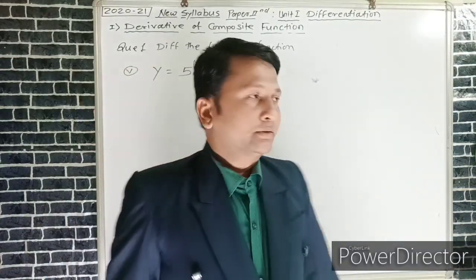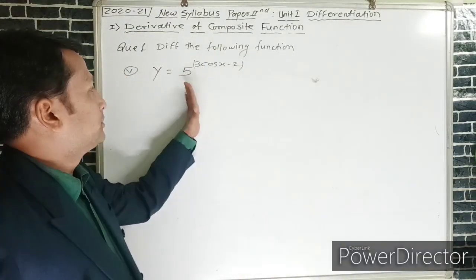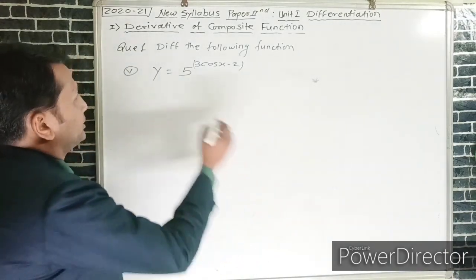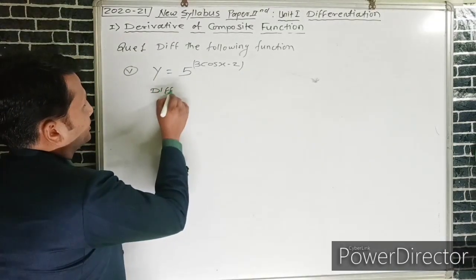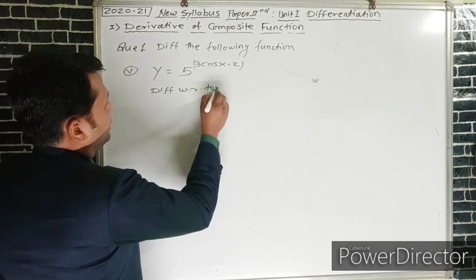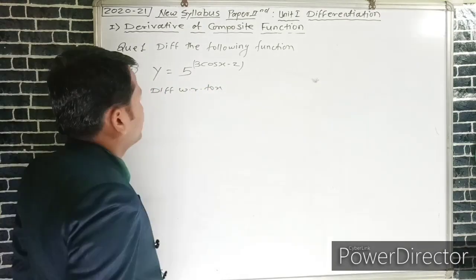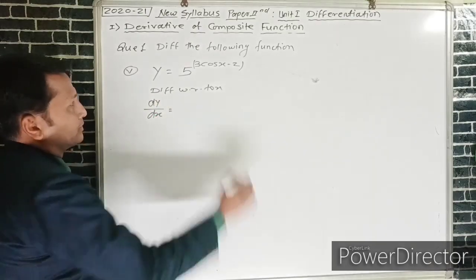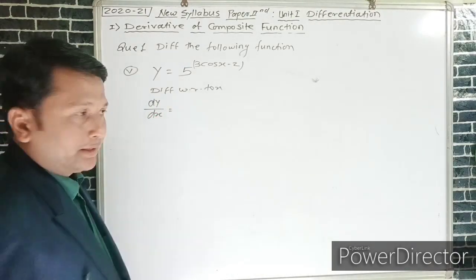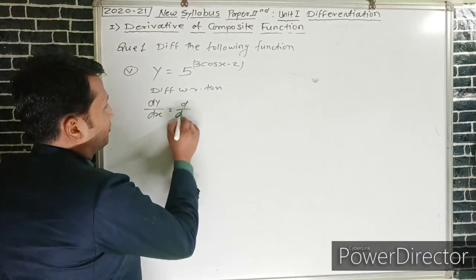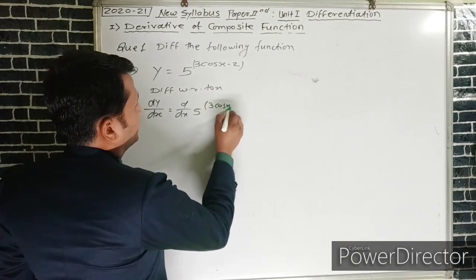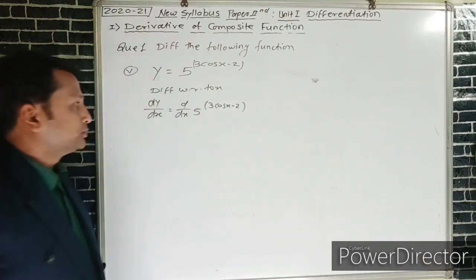Next example is y is equal to 5 raised to the power 3 cos x minus 2. If we differentiate the given function with respect to x, then the derivative of y, dy upon dx, is equal to the derivative of 5 raised to the power 3 cos x minus 2.